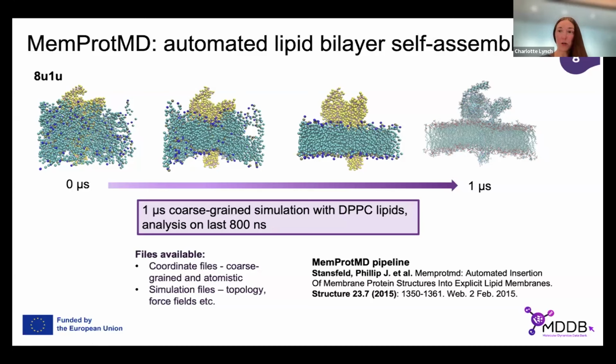On the individual pages of the website, you can get a set of coordinate files for the final output, coarse-grained or atomistic, and a set of simulation files so that you could run your own simulation starting from this final output frame if you wanted to. And the pipeline is described in more detail in this paper.